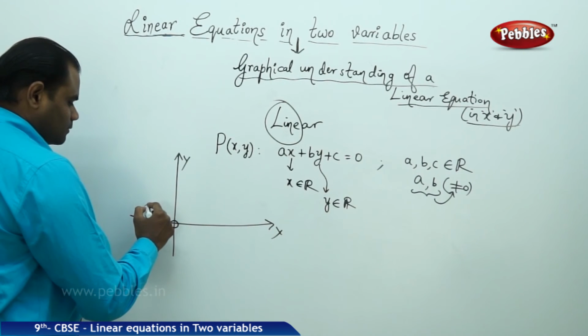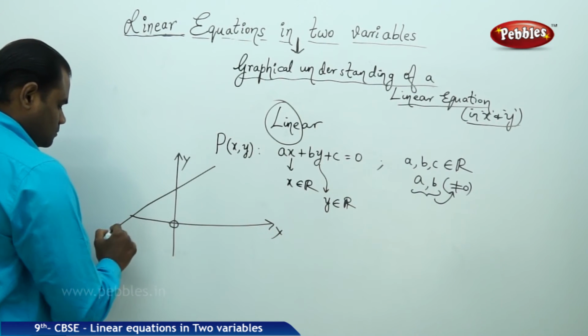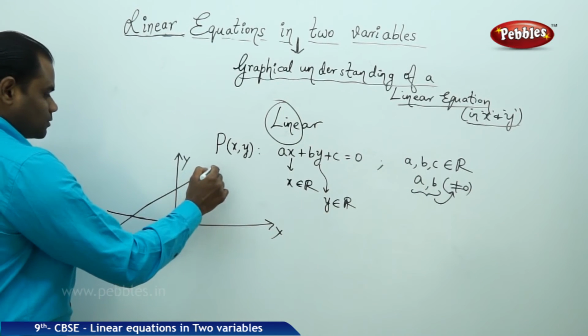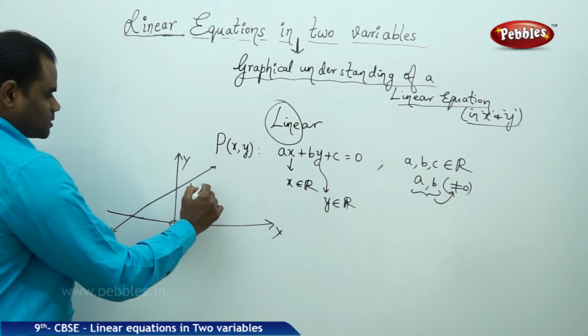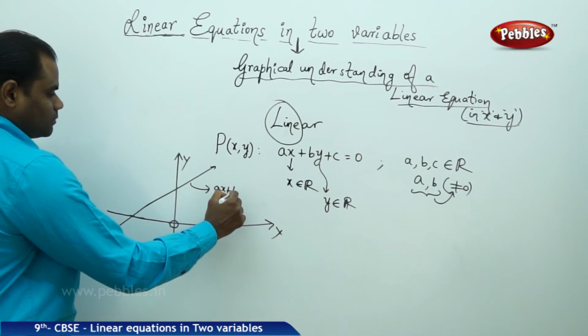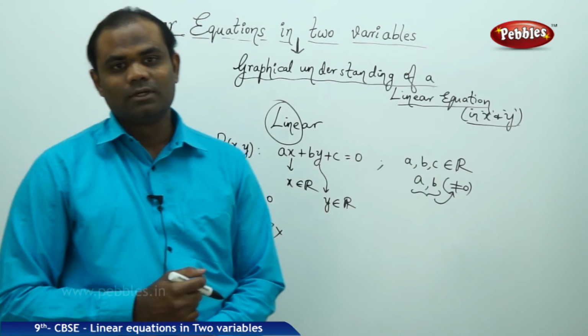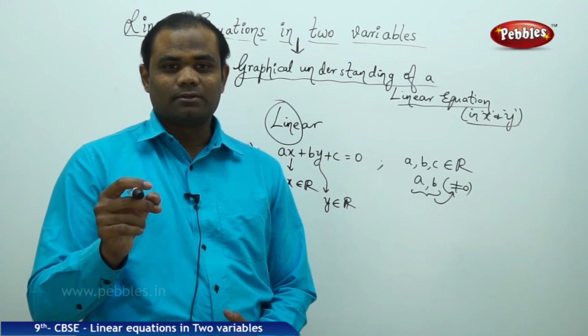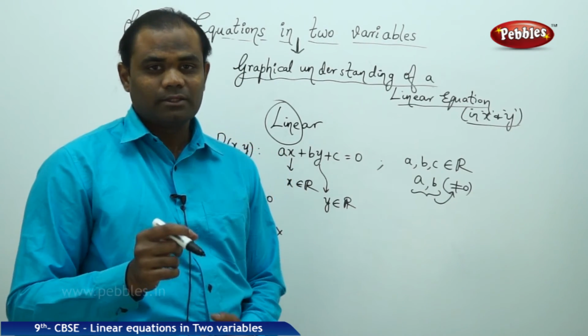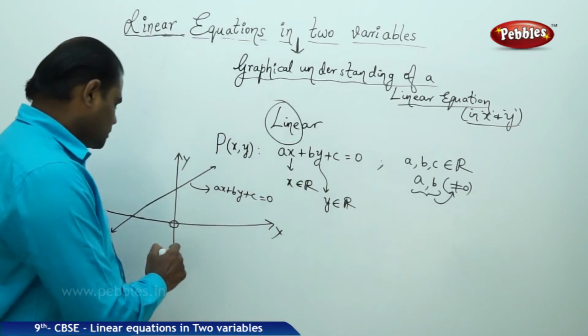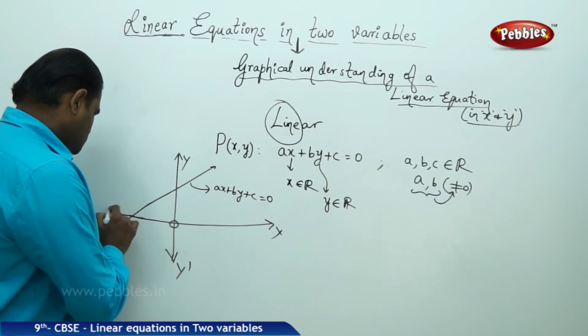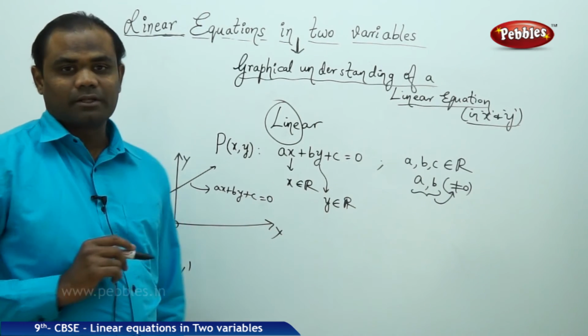So any line randomly passing through the plane is represented by ax plus by plus c equal to 0. So a linear equation in variables x and y in the xy coordinate system is a straight line.